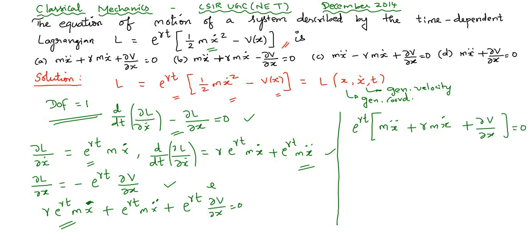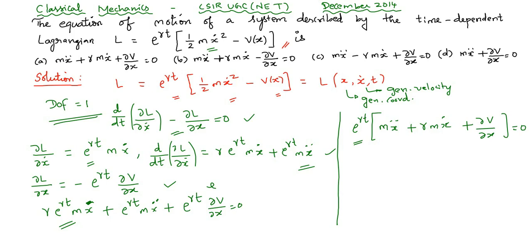Since e power gamma t will never become 0 for any finite value of gamma and t, it happens only for t going to minus infinity or gamma going to minus infinity. If this becomes 0, the Lagrangian becomes 0, then the particle is not in motion, so the kinetic energy and potential energy become 0. That is not happening here.